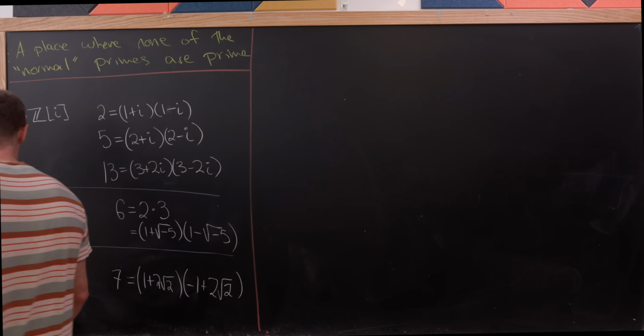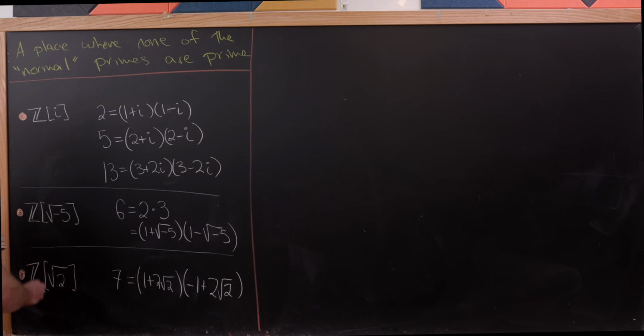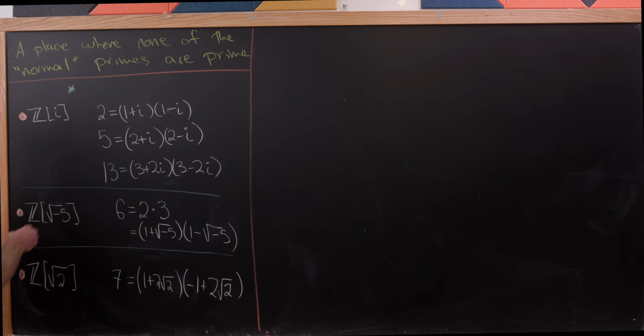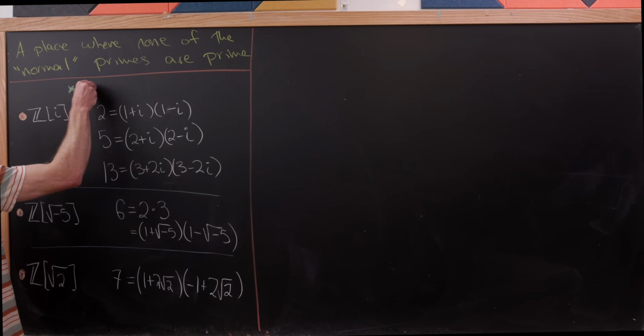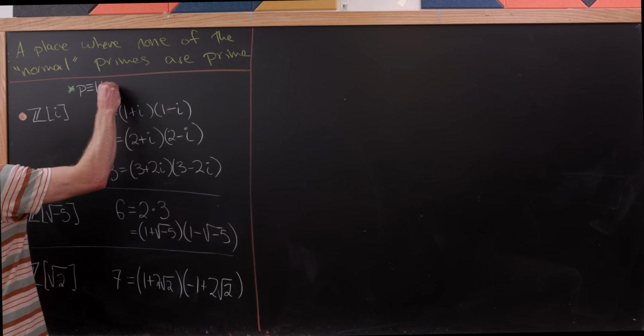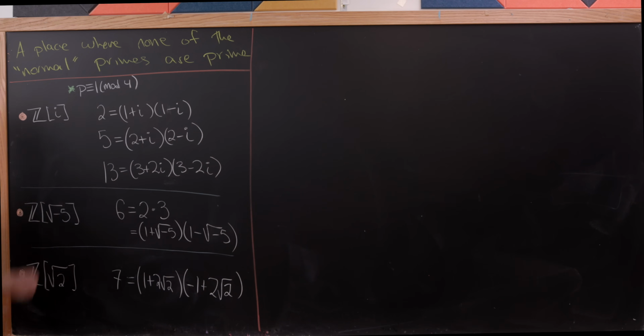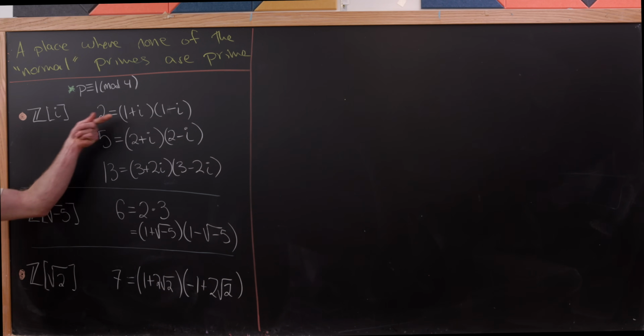In fact, while we won't prove this, the general result here is that if p is a prime congruent to 1 mod 4, it's possible to write p as a sum of squares, in the form a squared plus b squared. There's only one prime that's 2 mod 4, and that's 2, and we have that here.